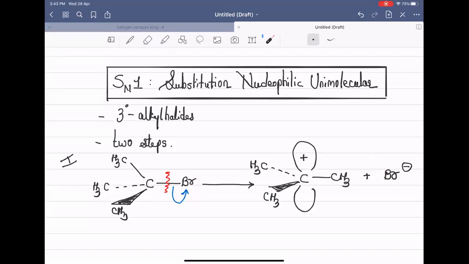Initially, there is a partial negative charge here. There is this partial negative charge here. And so in any polar and protic solvent, you find that the positive dipoles of the solvent molecules would approach this, and there would be some solvation taking place here.